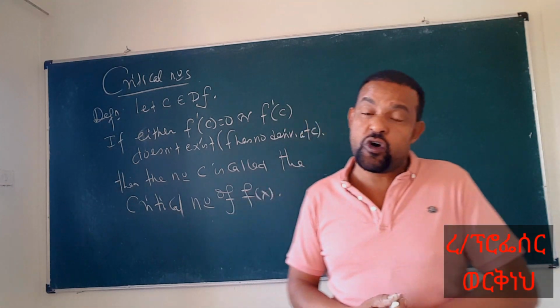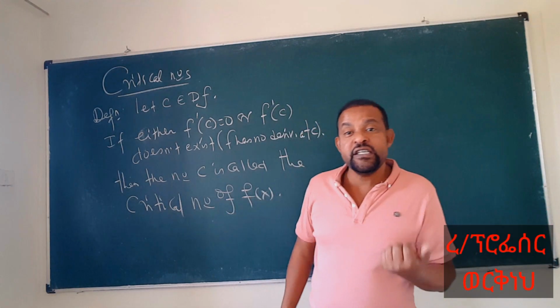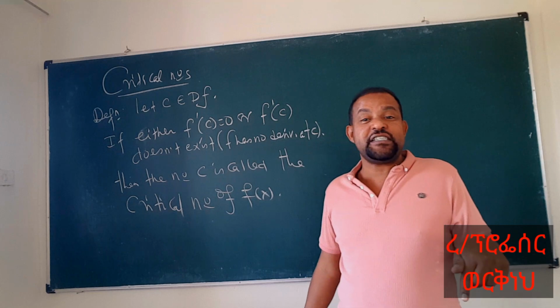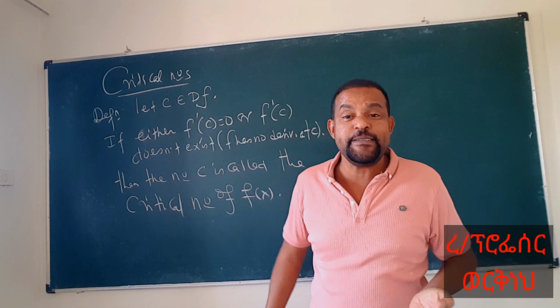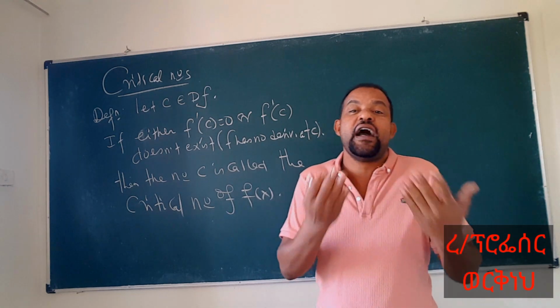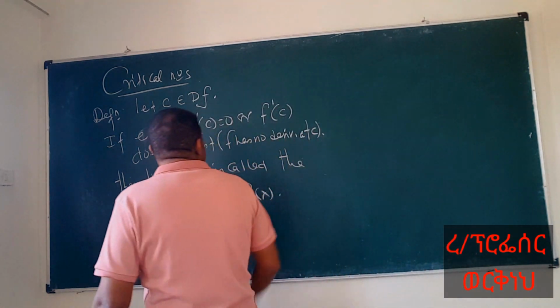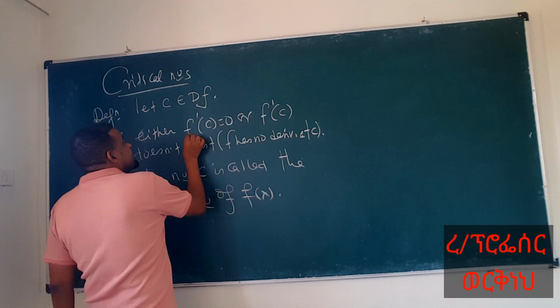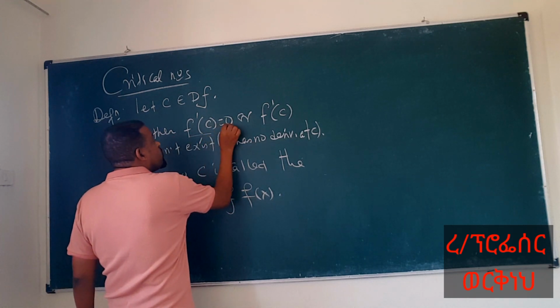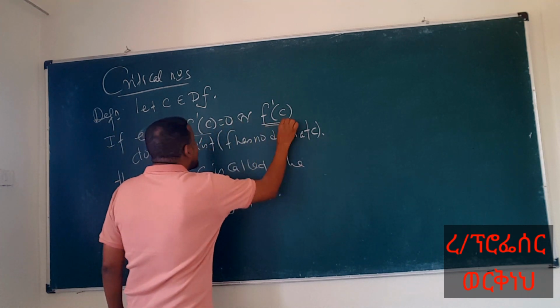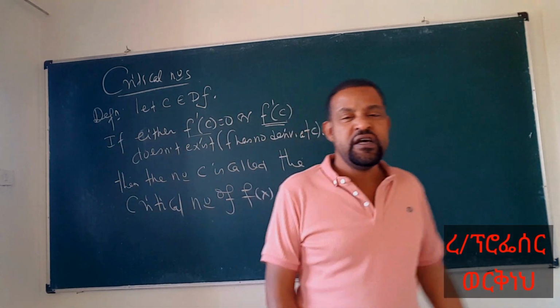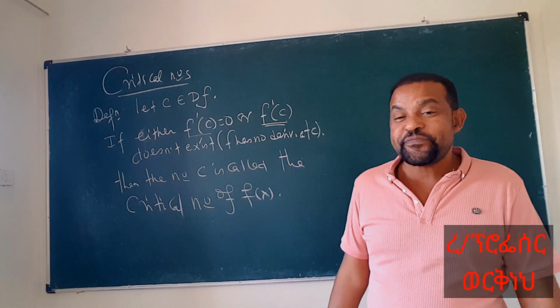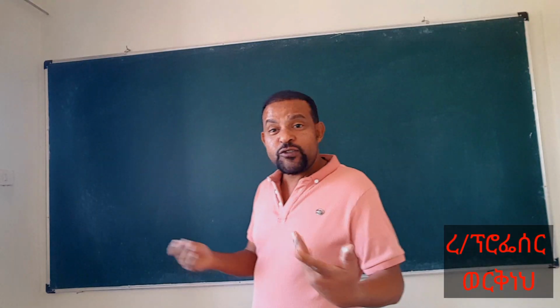So the number c is called a critical number if either the first derivative at c is 0 or the first derivative at c is undefined, that means f has no derivative at the number c. If the derivative of the function at c is 0, or the first derivative at c doesn't exist, then the number c is called what? Critical number. So let's do examples.